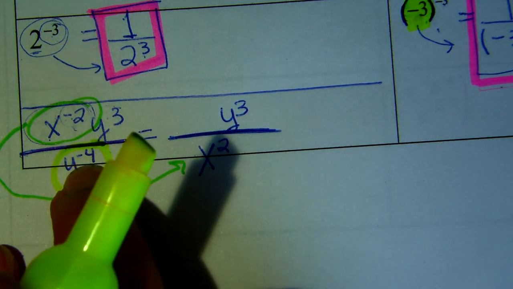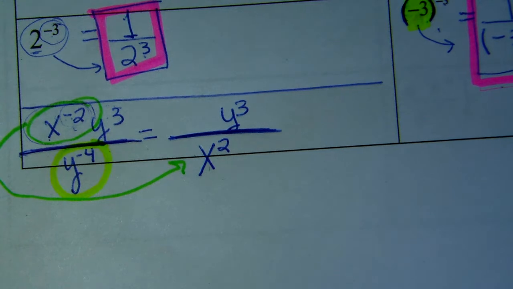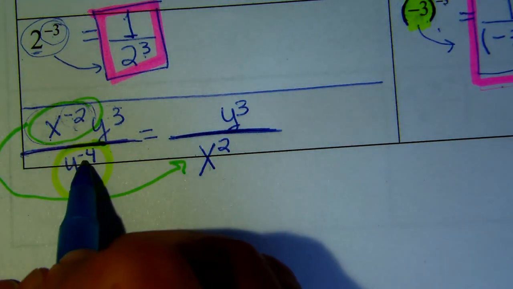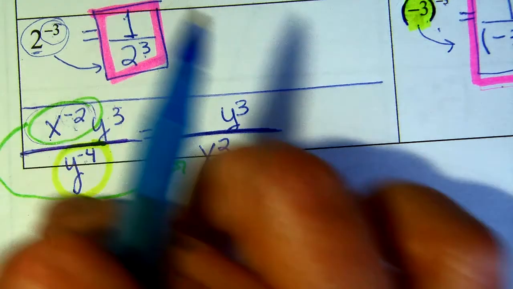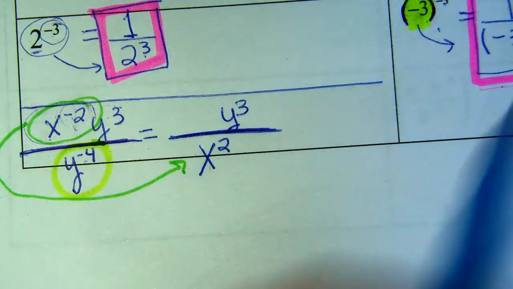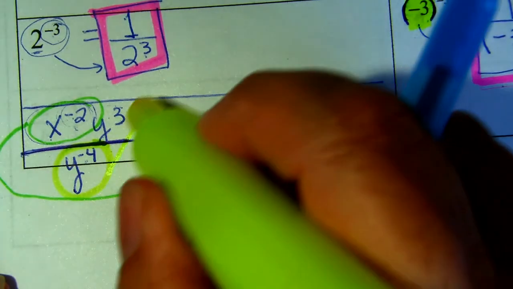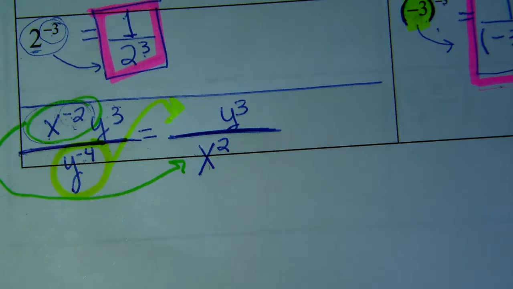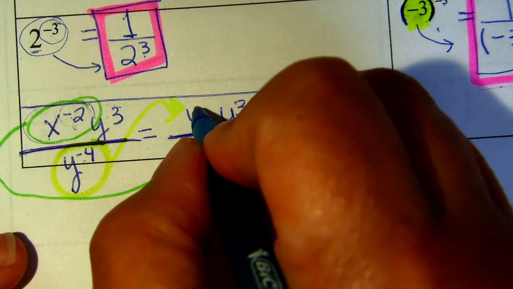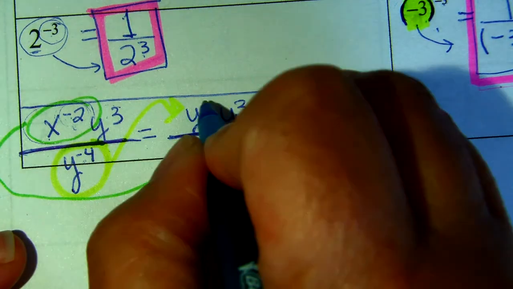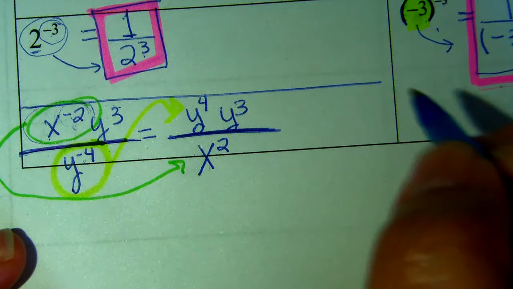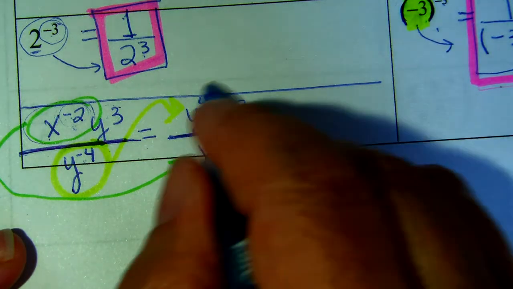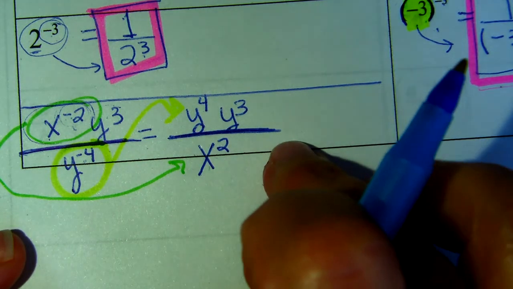We don't want negative exponents. That's something that you have to keep in mind. But it's in the bottom. So what do we do? The opposite. This one was on the top, we send it to the bottom. This one is in the bottom. Now this one we're going to send it to the top. And now you're going to have y to the power of what? 4. Positive 4. It's no longer negative. Now it's positive.